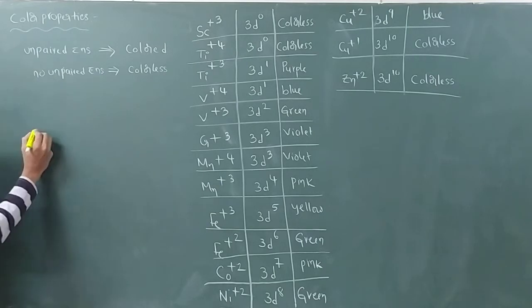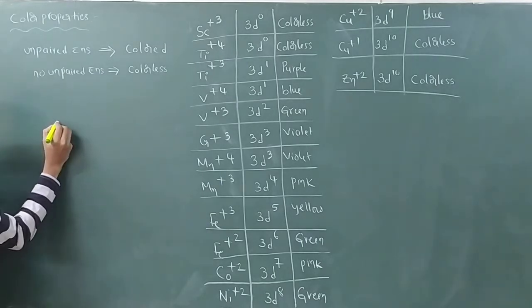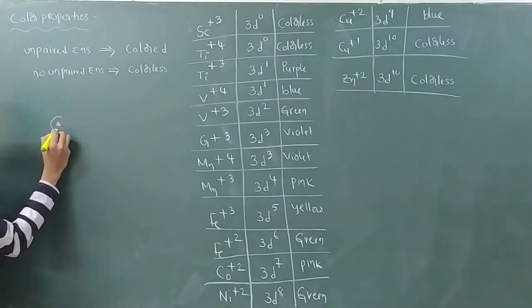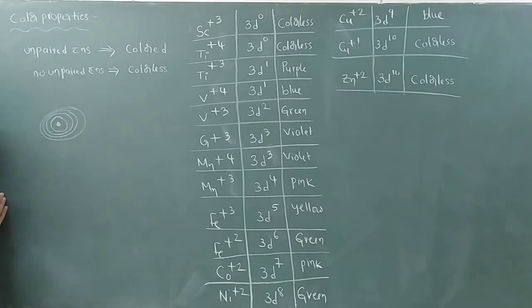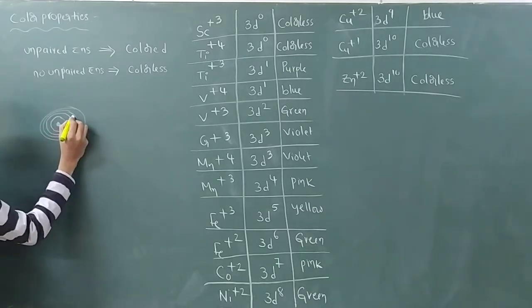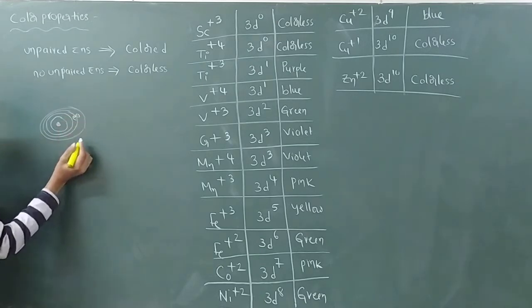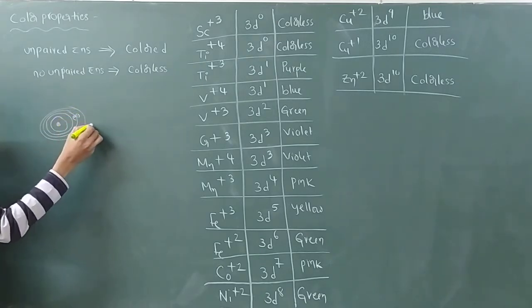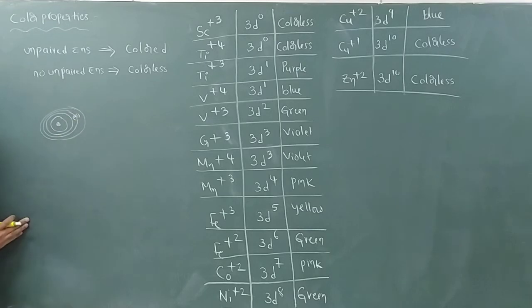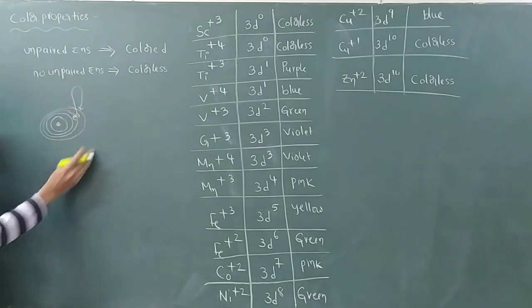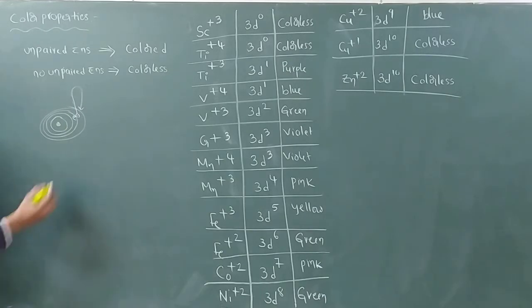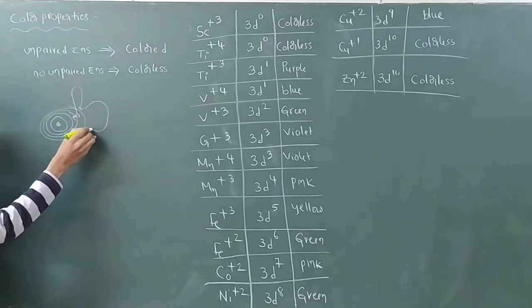For example, if you have an unpaired electron here, in the nucleus plus orbit. When this electron absorbs energy, it will jump into a higher energy level, and again it will come back into its ground state.